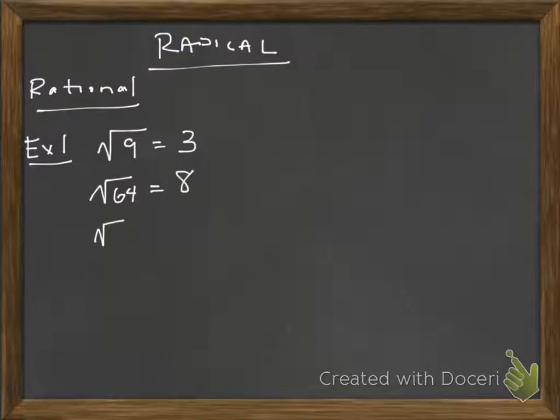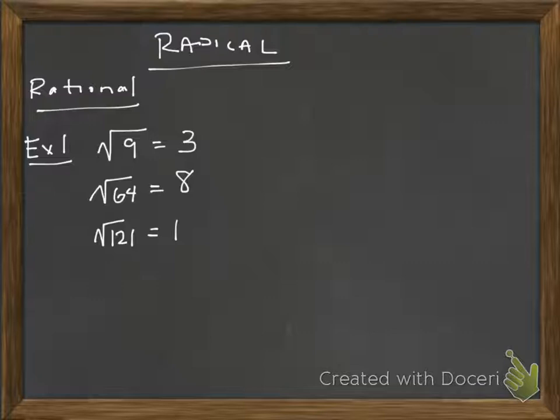Square root of 121 is equal to 11. Okay, that's pretty basic. Those are perfect squares, or perfect square roots. You guys have those, or should have at least those three, on your thing from yesterday. There are obviously more than the 25 that you did yesterday, but those are the basics.